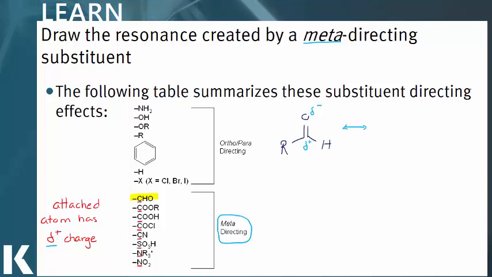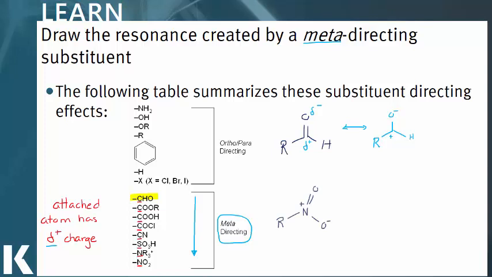In fact, if we draw out some of the resonance forms that we can get, we actually have a full positive charge on that carbonyl carbon, which makes it a meta-director. Now, as we go down this table, we get better and better meta-directors because we get more and more positive charge on the attached atom.